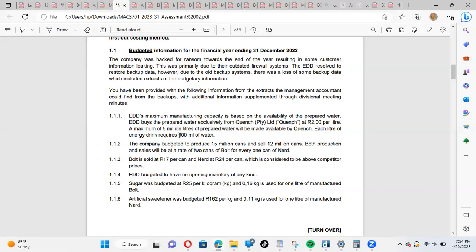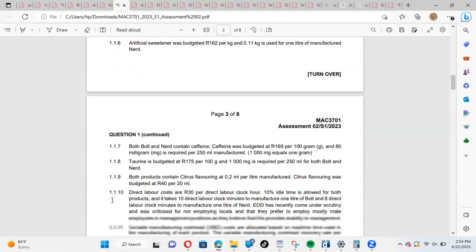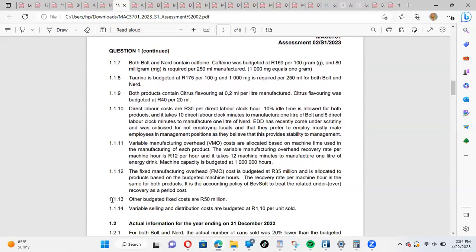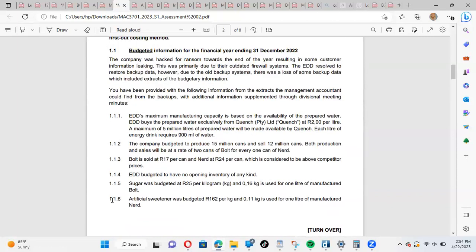So that's just about all the information that we have with regards to the size. Which means a can is basically going to be 900 mils. There's no other information provided there, so our assumption is it's going to be 900 mils. Each liter of energy drink requires 900 mils of water. Sometimes the English can be confusing here.